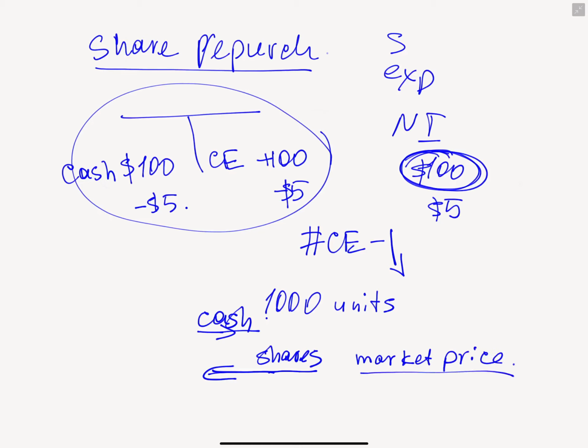In the first situation it could be a bit complicated, but let me say beforehand that share repurchase and cash dividend have the same effect. They make a distribution of cash to shareholders.